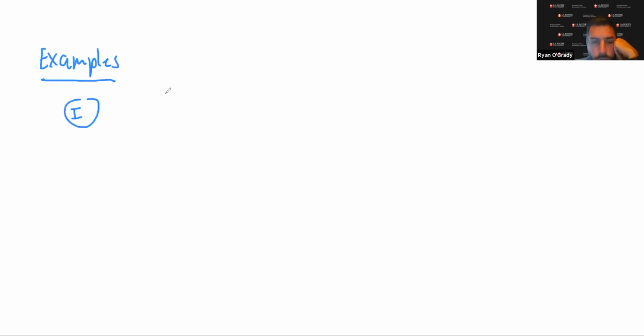So here's the first one. Typically we would spell it out like this. Does the series converge? So does, let's say this creature, the sum of 1 over k times 23 to the power k.